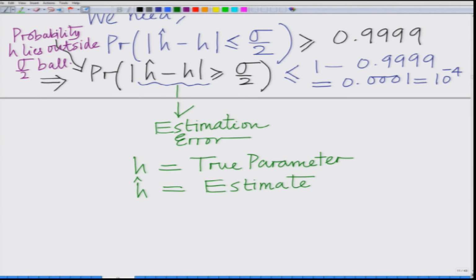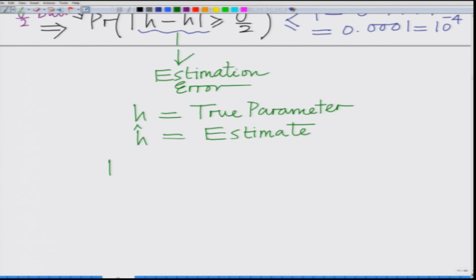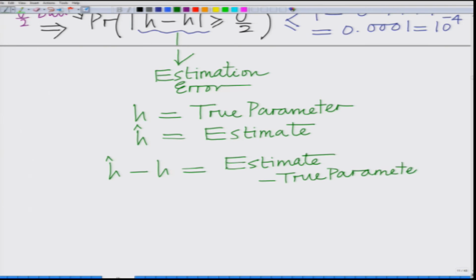So, we have H hat minus H equals estimate minus true parameter, and this is equal to W, which is the estimation error.